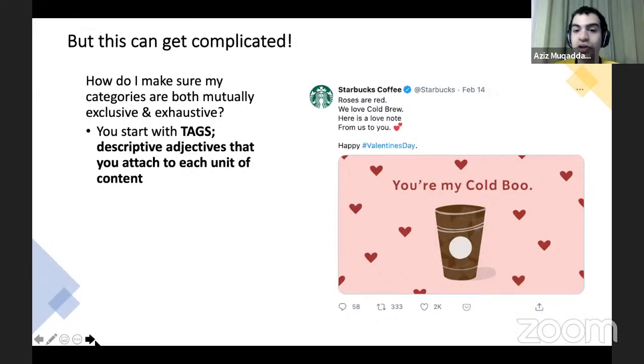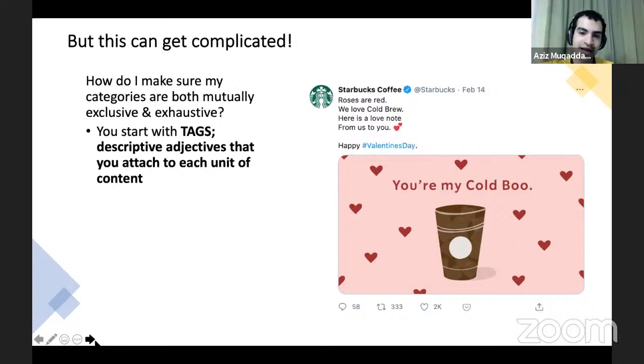Those tags don't have to be mutually exclusive, and don't have to be exhaustive. They're just your initial impressions of the content you're encountering. So you read and then you come up with tags, whatever number you're comfortable with.